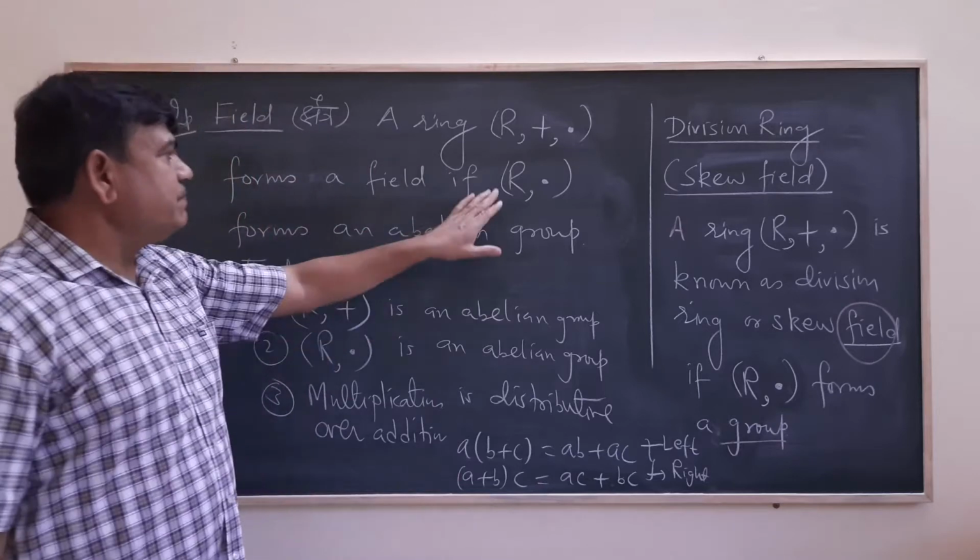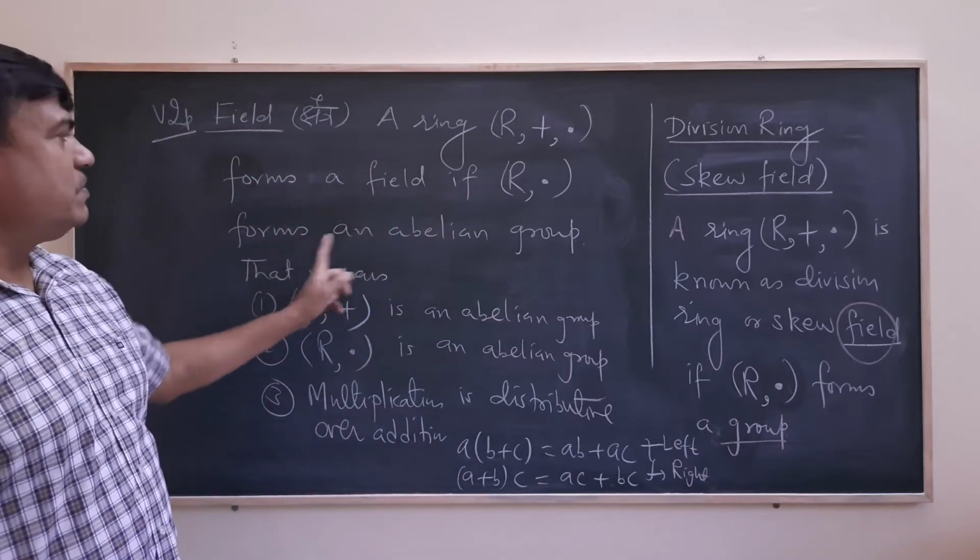So a ring forms a field if this forms an abelian group.